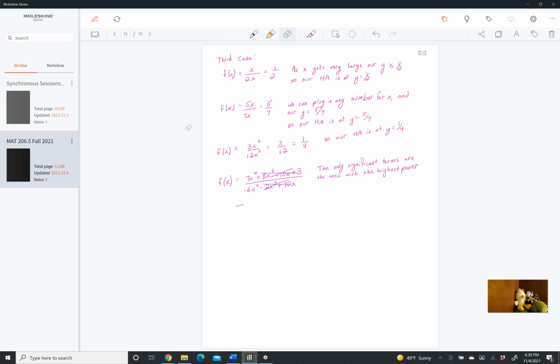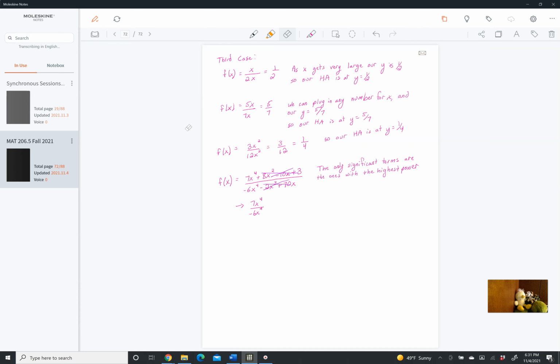So once again, the horizontal asymptote is going to be equivalent to the horizontal asymptote for the function 7x to the fourth over negative 6x to the fourth. It is not that these functions are the same. They're not, right? You get different numbers. If I plug in 1, I get a different number. But their asymptotes are going to be in the same place.